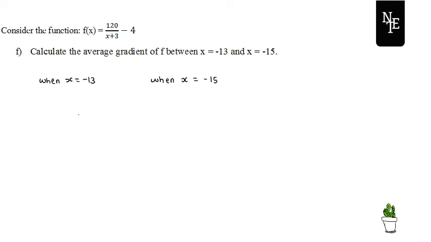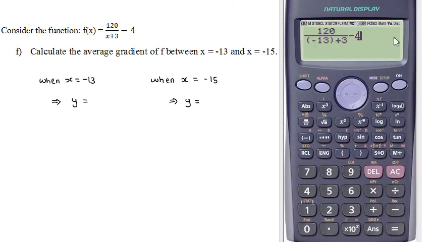Okay, we'll just evaluate this in the calculator. We'll just do this and say y equals, right? So let's go for the first one. With the first one, we just take our equation of f of x and we substitute an x value of minus 13, right?